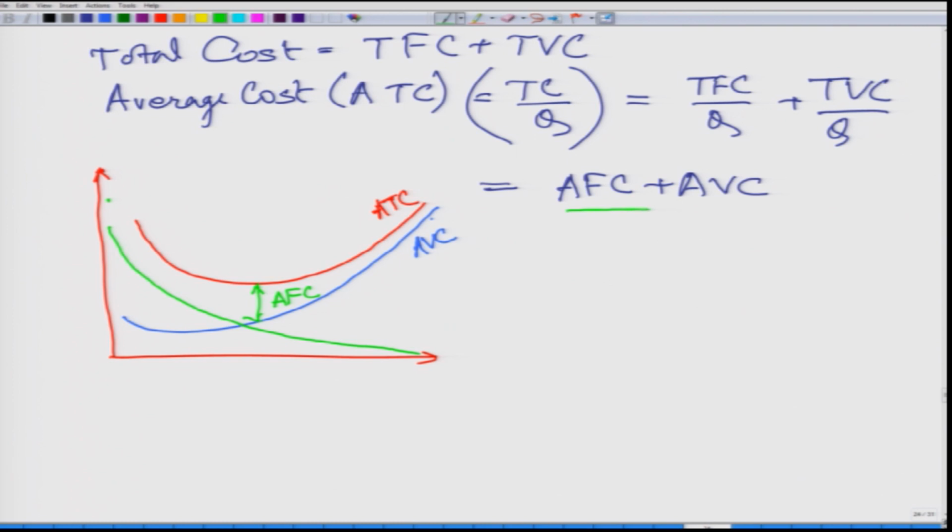AFC is nothing but ATC minus AVC. So this amount is this amount, this amount is this amount, and this amount is this amount. Yeah, so this is the difference, and this is my average fixed cost, with quantity over here and cost over here.